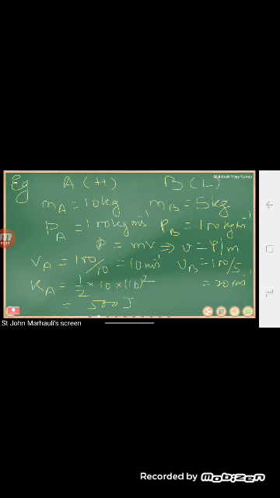Whereas Kb is 1 by 2 into 5 into 20 square, and this value comes out to be 1000 joules. So we find that the lighter body has greater kinetic energy and the heavy body has less kinetic energy.